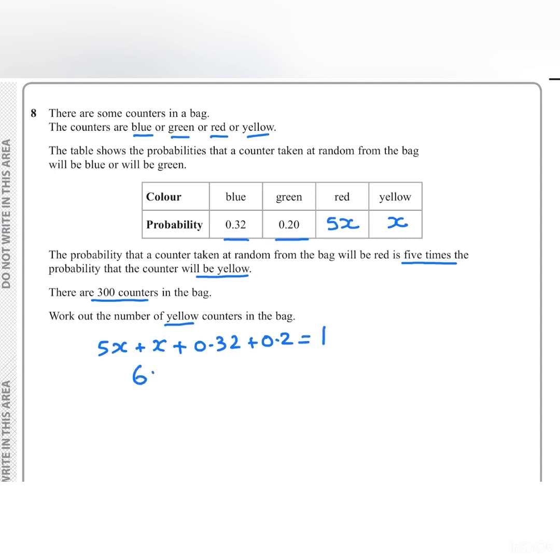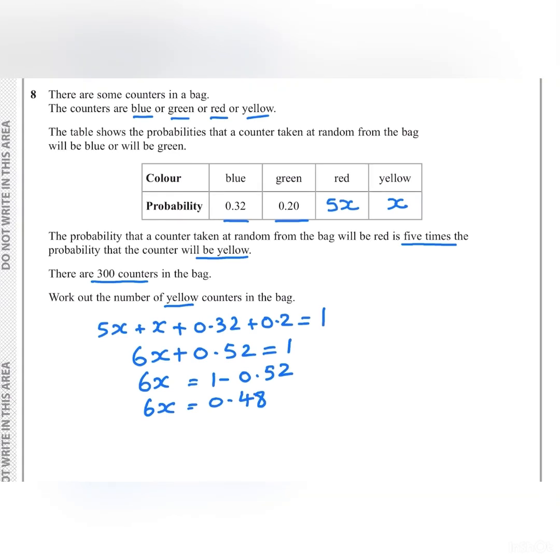Okay, so then we got 6x plus 0.52 equals 1, and 6x equals 1 take away 0.52, so 6x equals 0.48. Okay, so x equals, dividing by 6 on both sides, 0.08.